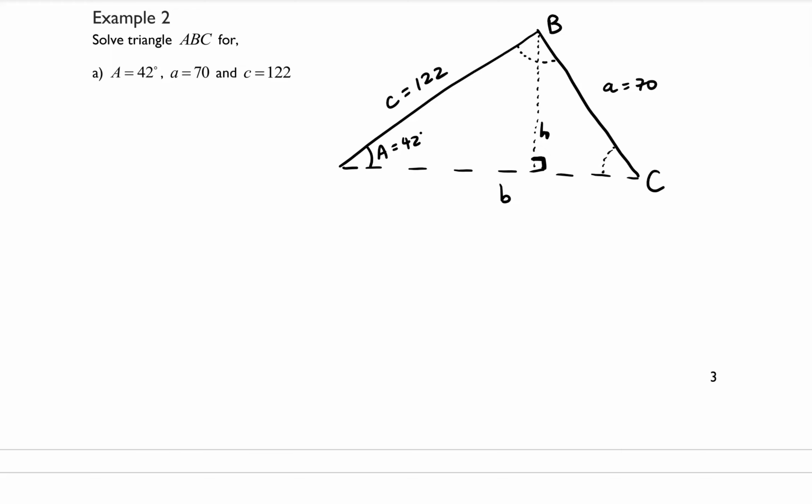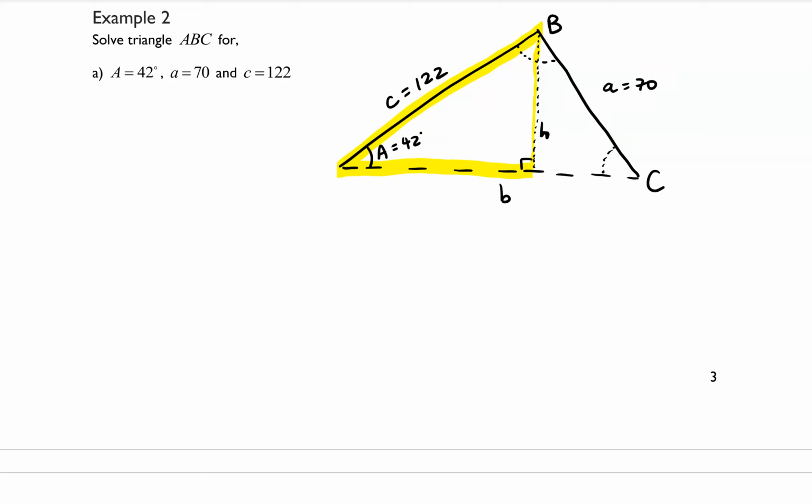And notice that this forms a right triangle right there. And so since I have this right triangle, I can use the trigonometric functions to figure out h.